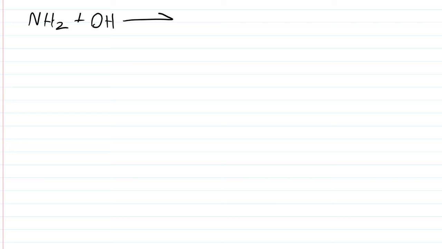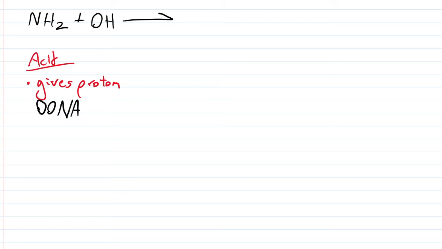Now, if NH2 wants to be an acid, what would happen is you have to give away a proton. An acid is literally just something that gives away a proton. Acid gives proton. Or even better, it donates. That's a good term. It's a proton donor, right?